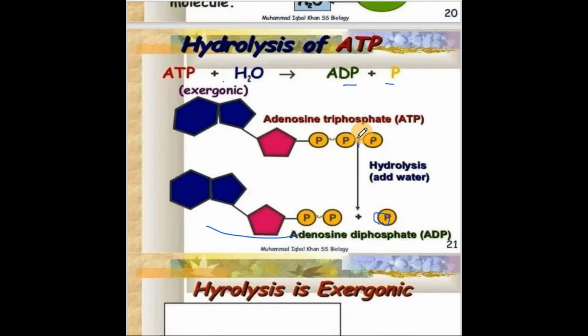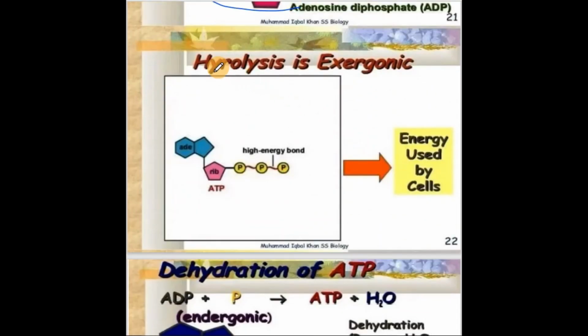When I break the first bond, I release energy into the system. Hydrolysis is an exergonic reaction because it releases the energy stored in this bond for the cells to use. So when I break down ATP by hydrolysis, the high-energy phosphoanhydride bond releases energy into the system for the body to use for its metabolic activities.